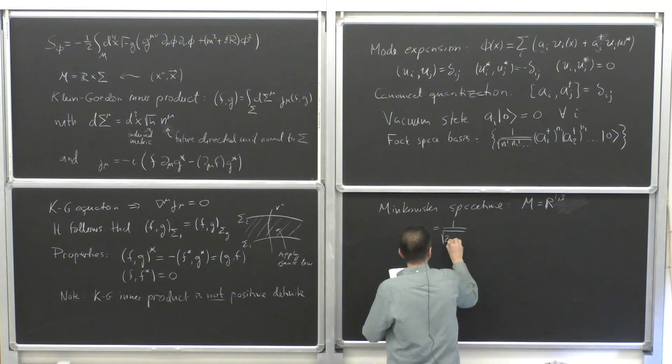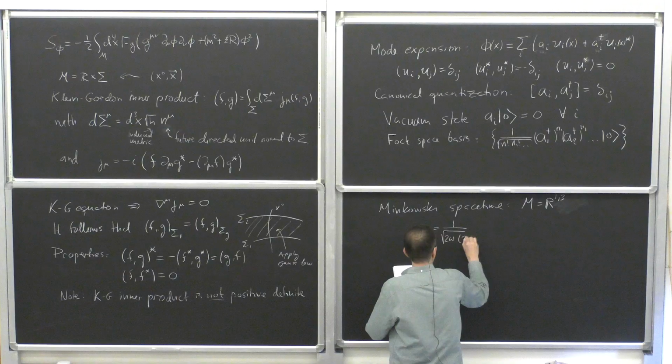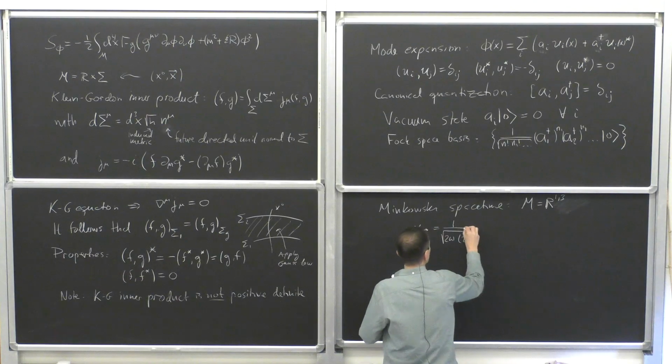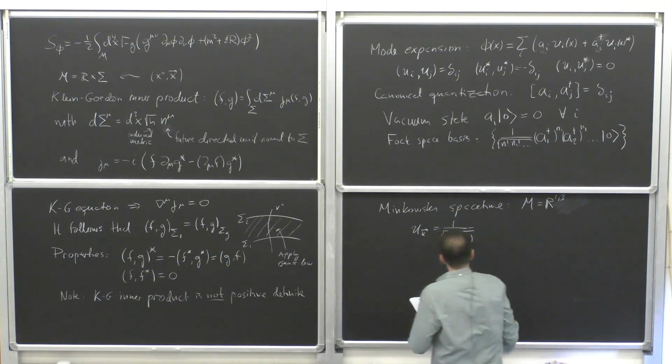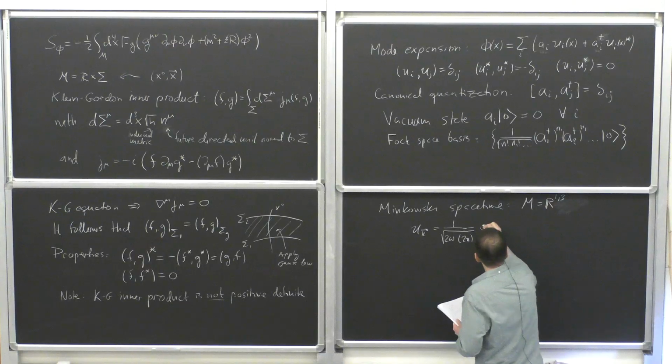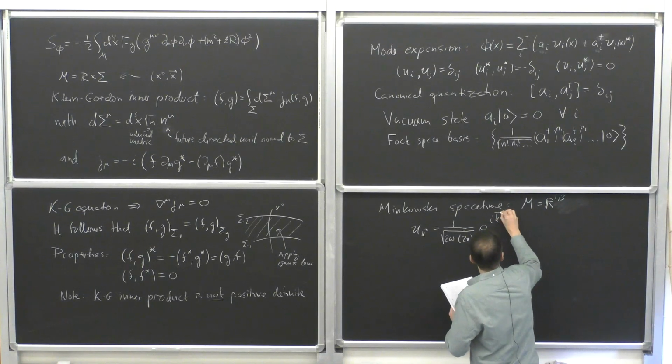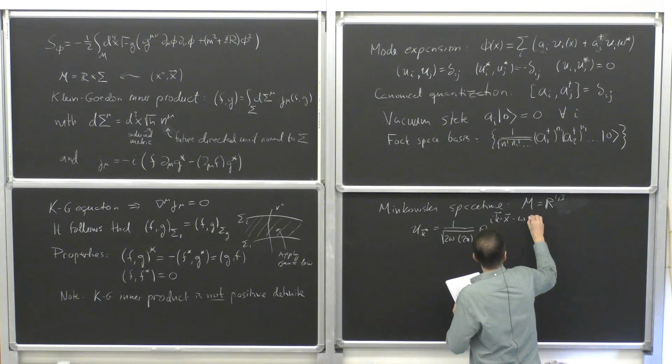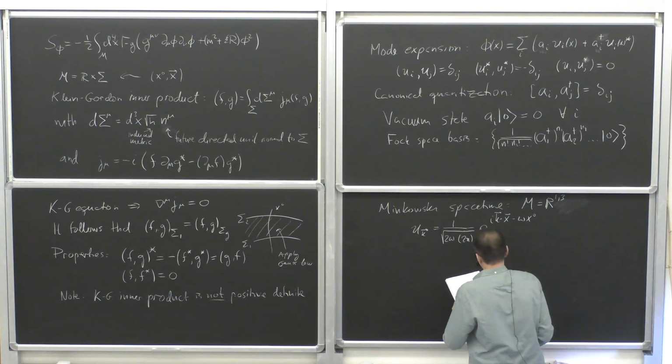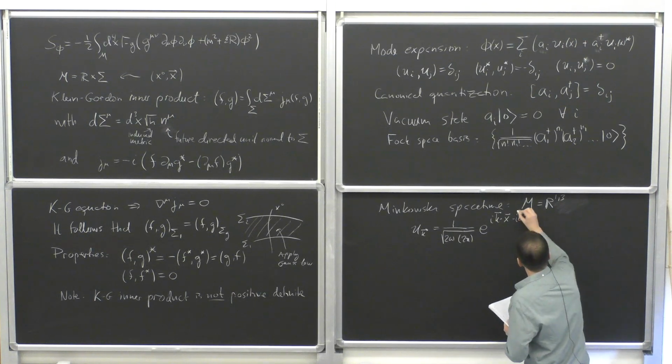Now there's a normalization coefficient here that comes from that normalization condition up there, and there's an i here.